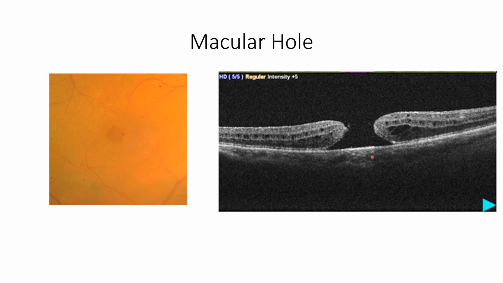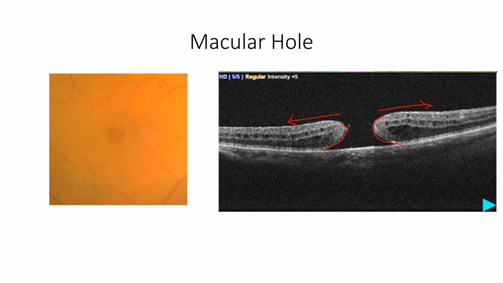And when we start looking at the OCT, we find that the fovea is disrupted and the tissues have been pulled back due to tangential forces, and we have a split here which causes a full thickness defect.